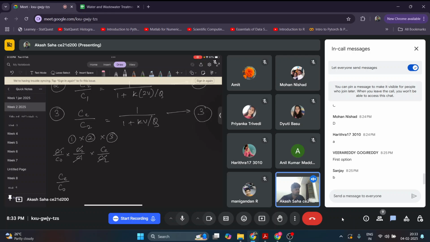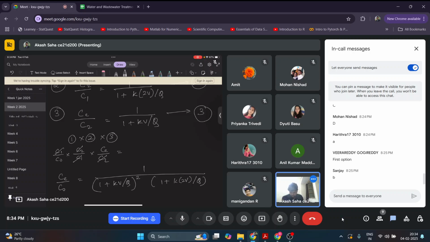And what about the other side? The other side will be equal to 1 as the numerator, and we will have 1 plus kV by Q, squared, into 1 plus 2kV by Q, since this term is twice.